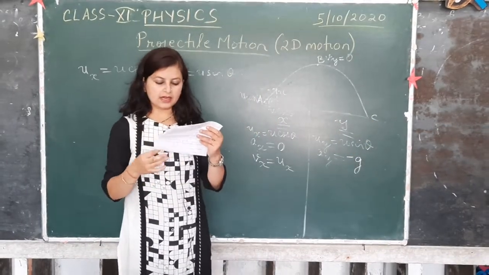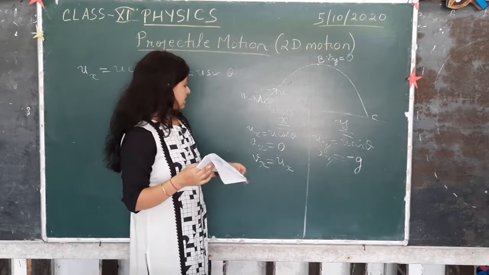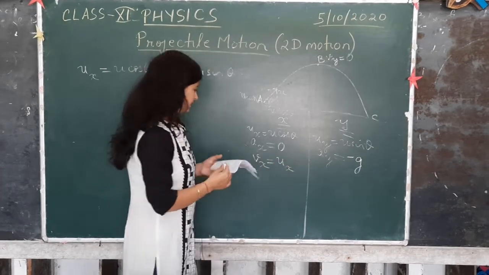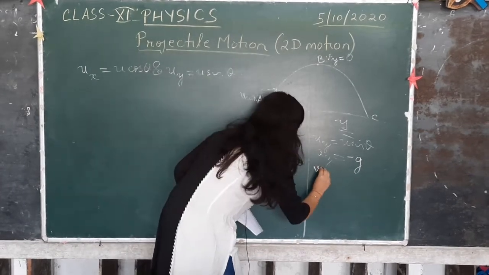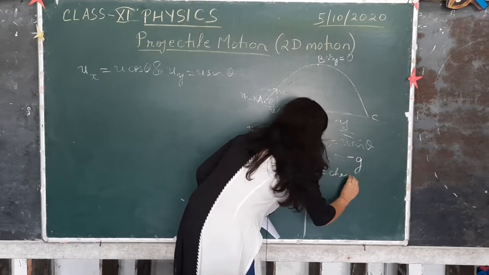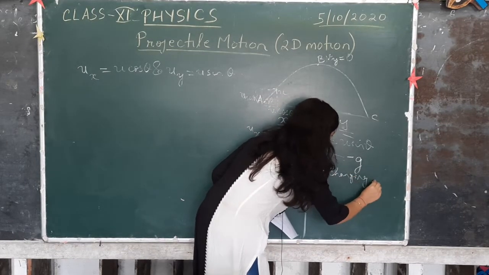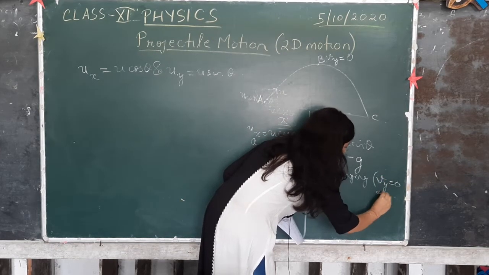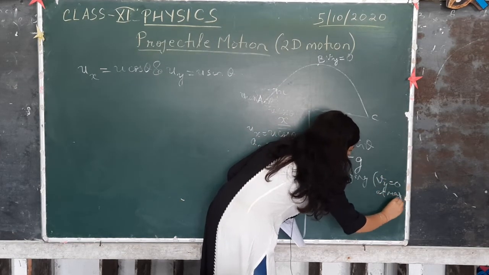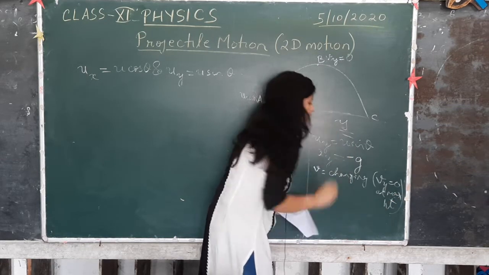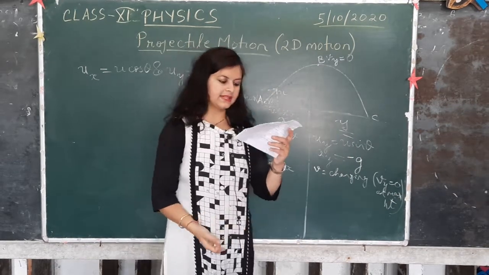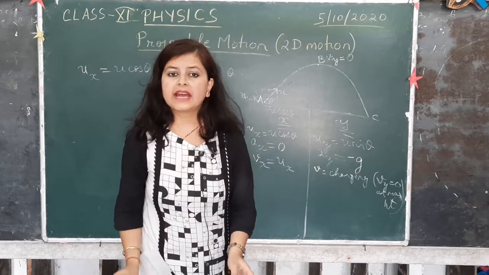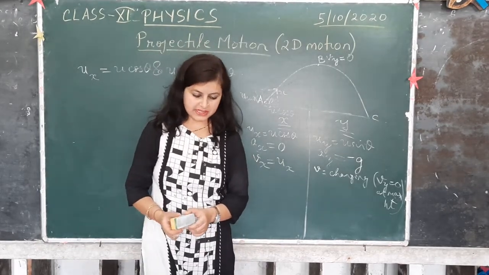So that is how acceleration and velocity can be related. So velocity here is changing, and it becomes equal to 0 at maximum height.